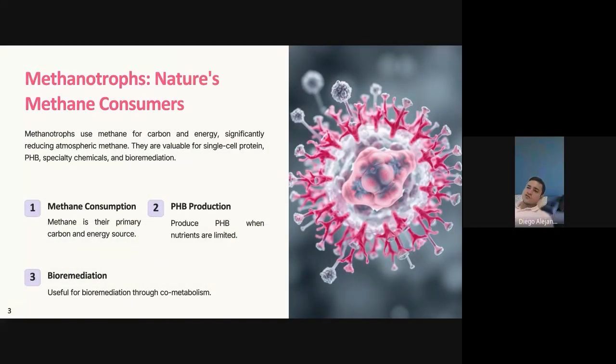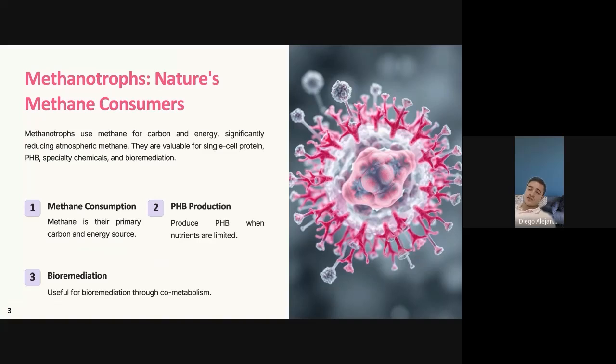Methanotrophs, natural consumers of methane. Methanotrophs, a subset of methylotrophs, obtain carbon and energy from methane. Methane has a marked characteristic of these gases. They are of interest for single cell protein production, PHB production, especially chemicals, and bioremediation through cometabolism.